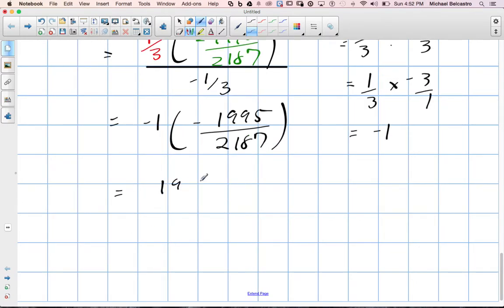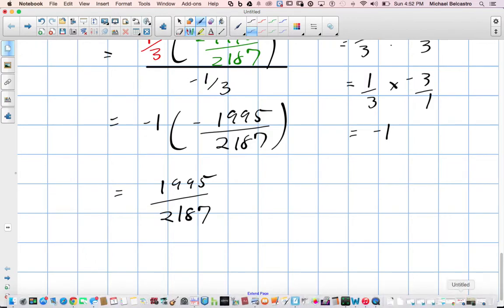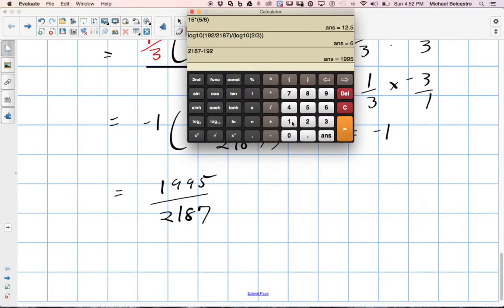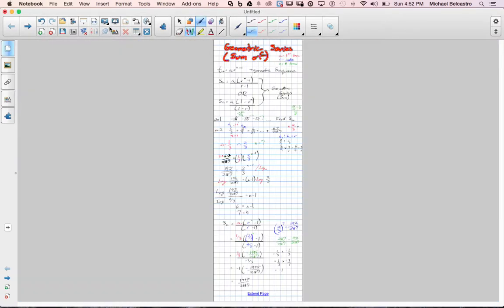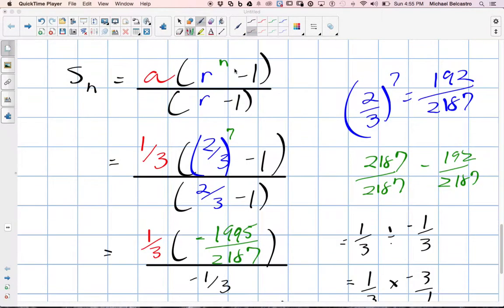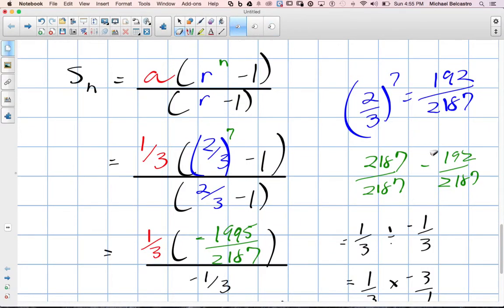So the sum of this is 1995 over 2,187, which as a decimal, we can calculate if we need to, 1995 divided by 2187, 0.912, blah, blah, blah. Which is very possible all the time.